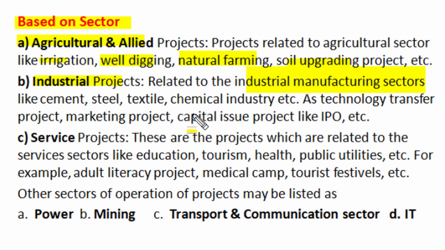In these industrial projects, activities like technology transfer, marketing, capital issue like IPO, all fall under industrial projects. In the service sector, the project activities which are related to education, tourism, health, public utilities, all come under service projects. For example, adult literacy projects, medical camps, tourist festivals are all service projects.